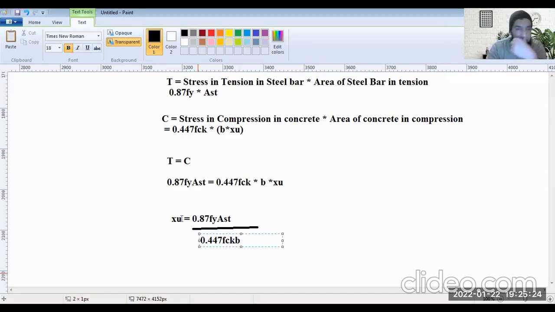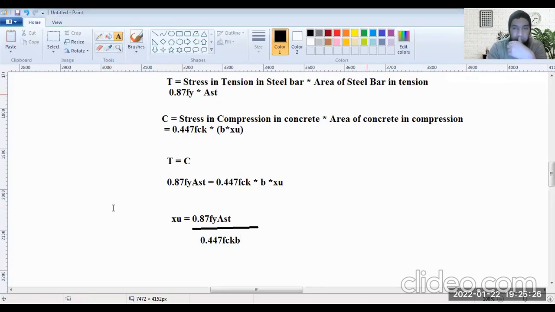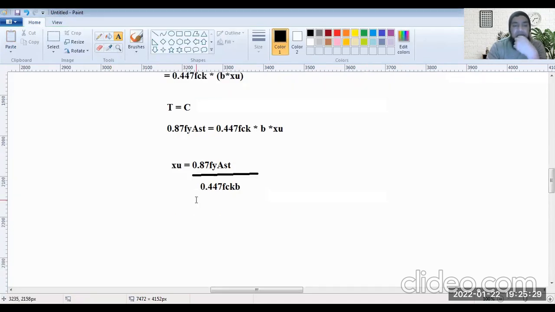So the value of XU will come from this equation. Now what is XU? Neutral axis. So for a balanced section, you have got the neutral axis depth.